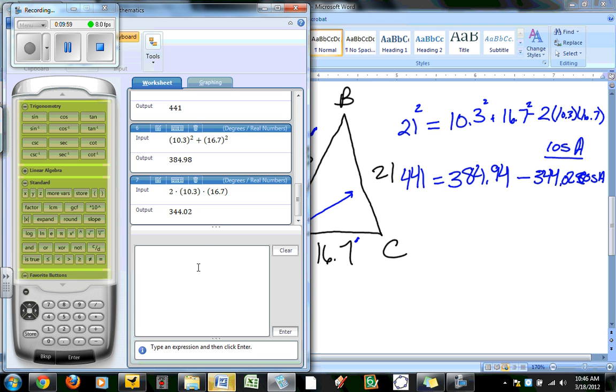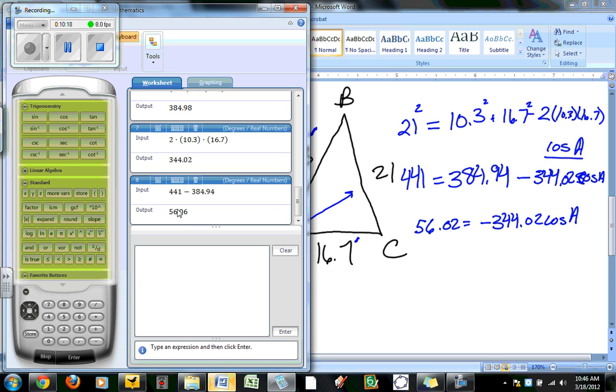We're going to bring it over to the other side. So 441 minus 384.94, and on this left side I'm left over with 56.06 equals negative 344.02 cosine of A.